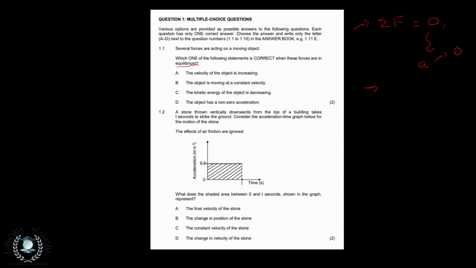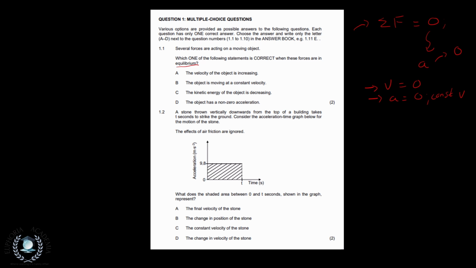This is when we're not moving, so velocity is 0, therefore acceleration is 0. The other one is we can have an acceleration of 0, but the velocity can be constant, meaning we're moving at one speed.